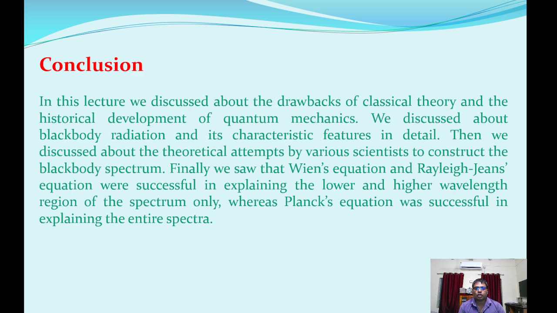Finally, we saw that Wien's equation and Rayleigh-Jeans equation were successful in explaining the lower and higher wavelength region of the spectrum only, whereas Planck's equation was successful in explaining the entire spectrum.